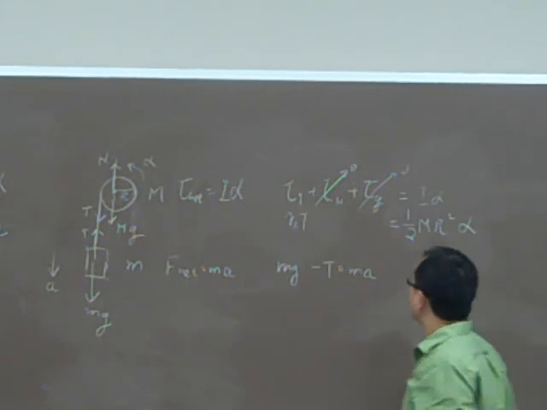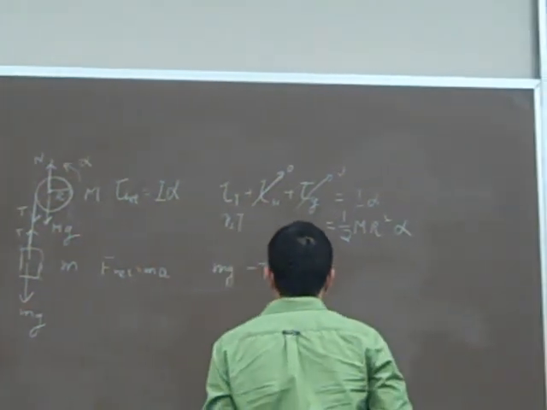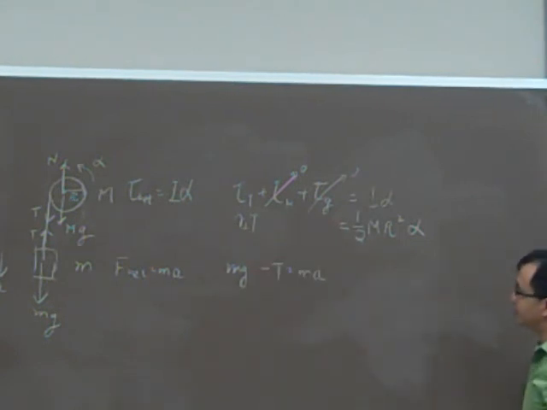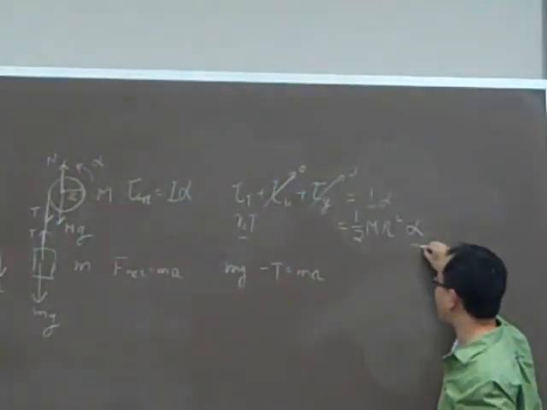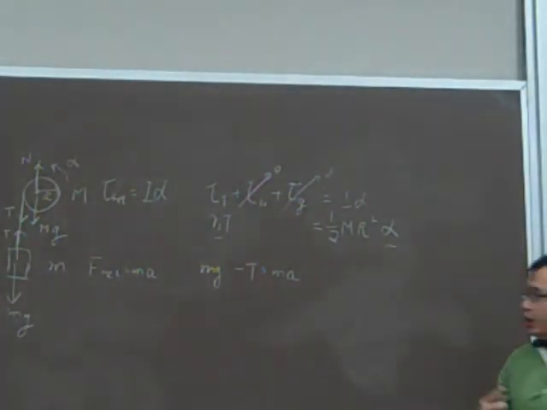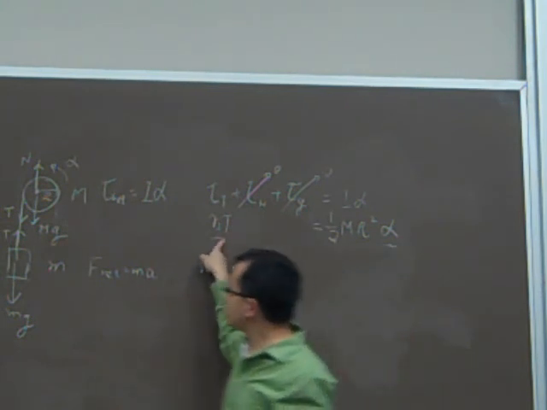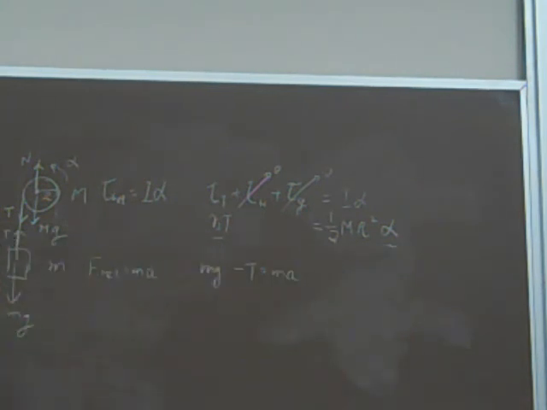Multiplied by alpha. Now, we still need to identify R perpendicular and alpha. For R perpendicular, in this case, can you see that it will be exactly the same as R, right?